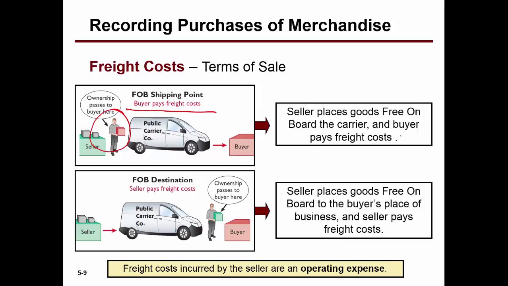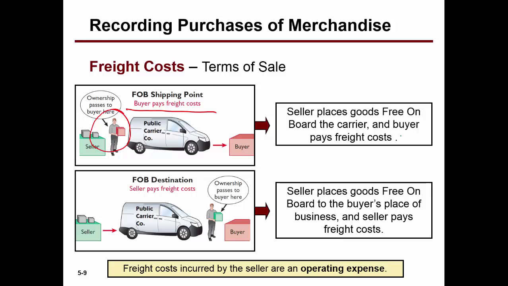The buyer suffers the loss, right? So that inventory belongs to us as soon as it gets on the truck, doesn't it? So if the guy picks it up on December 31st, and it doesn't arrive at our store until January 2nd, should we include that in our ending inventory December 31st? Yes, we should, because it belonged to us as soon as it got on the truck, right? So with free on board shipping point, you include it in ending inventory, even if you haven't constructively received it yet.